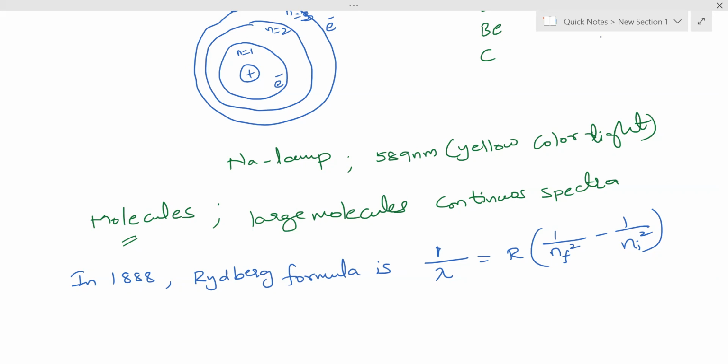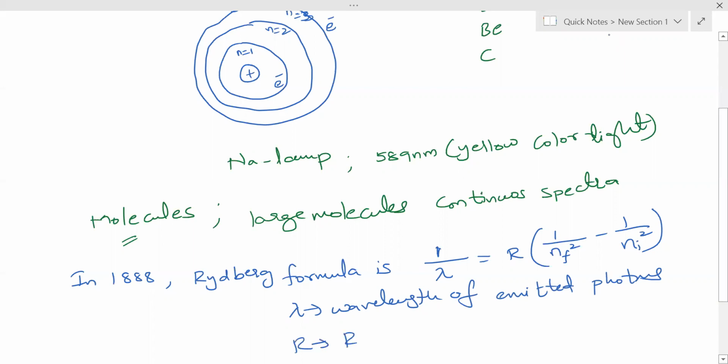This is actually for emission, he has given the formula for the hydrogen atom. Lambda is the wavelength of emitted photons, and R is the Rydberg constant.